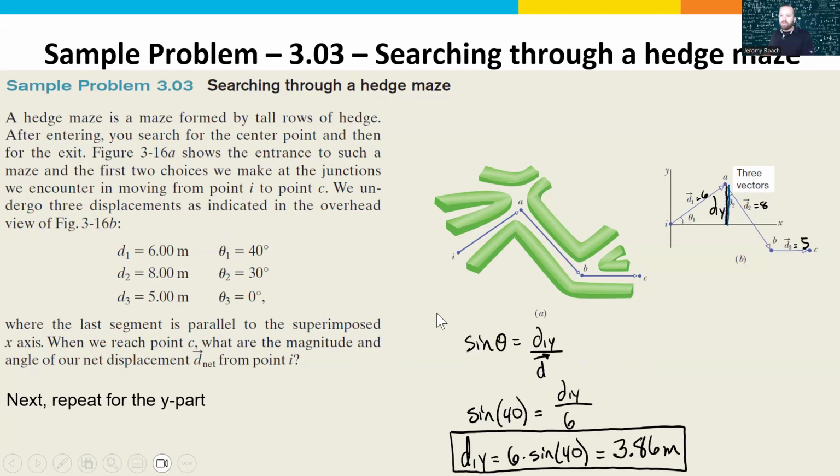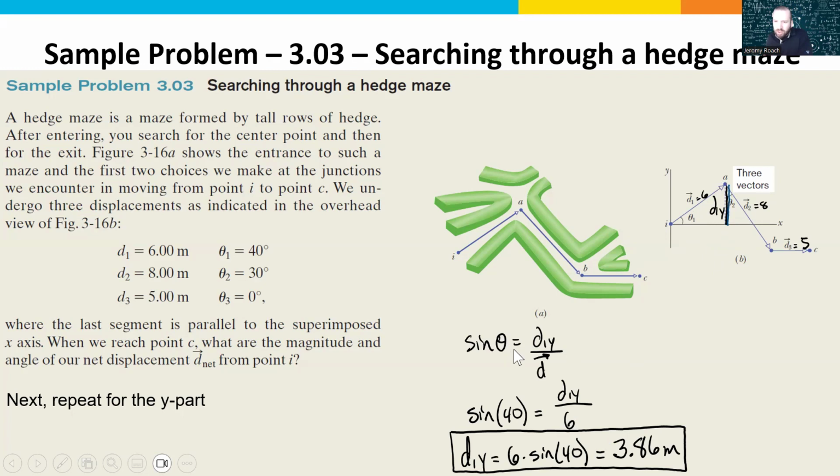Now we're going to do the same thing for y. D1y is here. Now, sometimes we have to be careful with the positives and negatives here, but we'll get to that if we need to. So sine theta, we're going to look at our theta 1. I should have put theta 1 here, but that's okay.